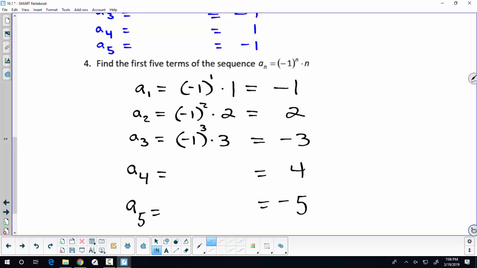So there are two examples of different ways to alternate a sign. The alternating sign can come from a periodic function like sine or cosine, or we could just have negative 1 to this power here. Either one of those acts as an alternation between positive and negative.